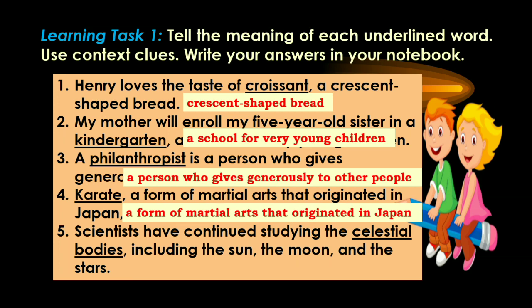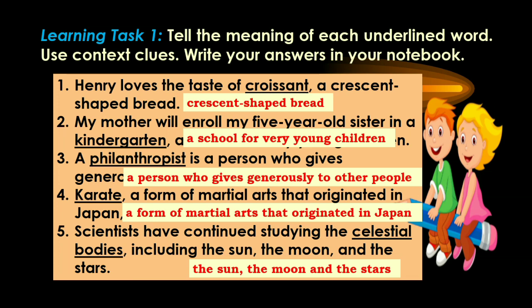Scientists have continued studying the celestial bodies, including the sun, the moon, and the stars. What does celestial bodies mean? It means the sun, the moon, and the stars, or the heavenly bodies. Did you get it, kids?